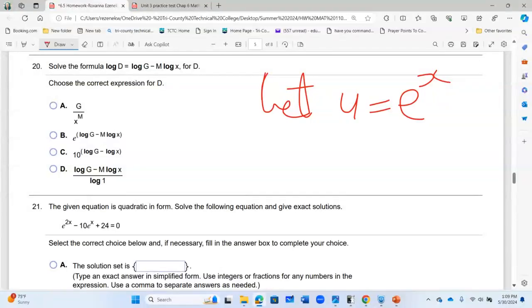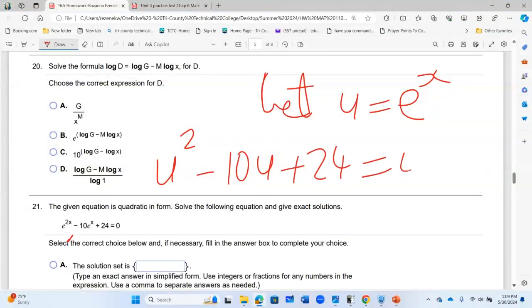You can always do some manipulations. Since u is e to the x, I can rewrite the equation as u squared minus 10u plus 24 equal to 0.